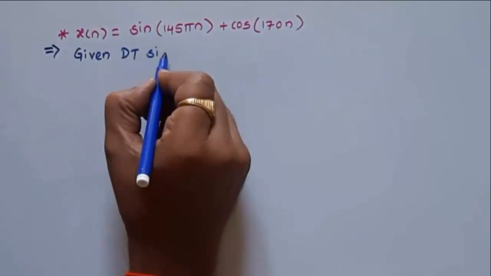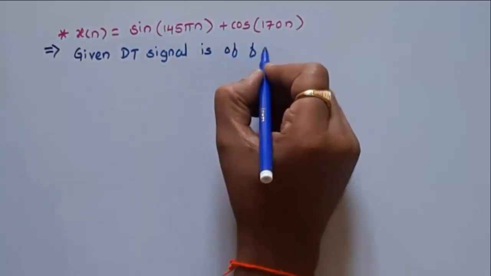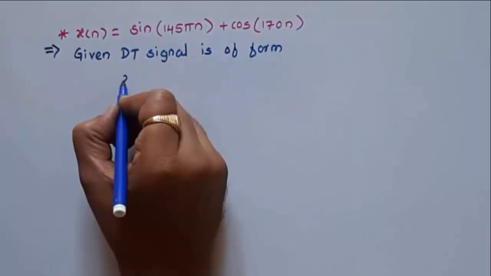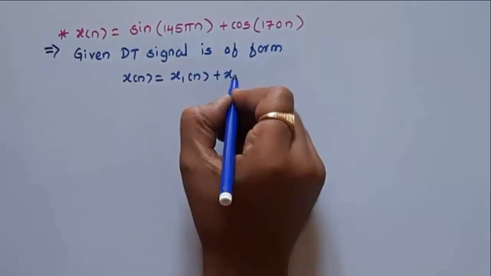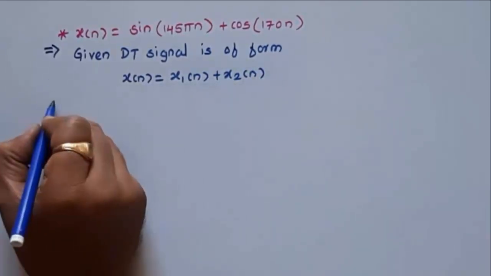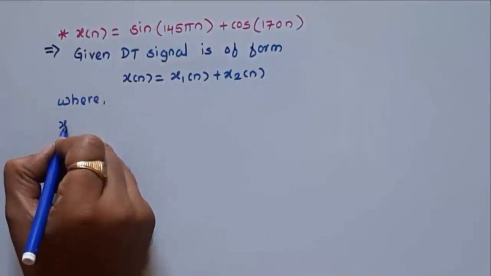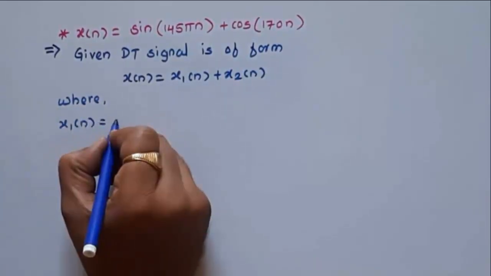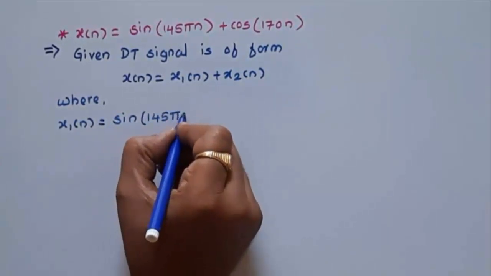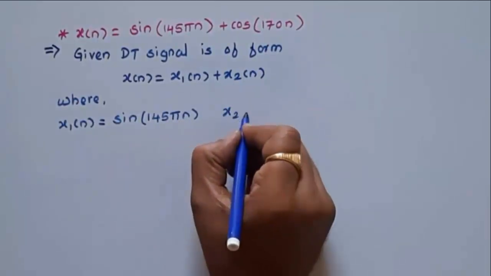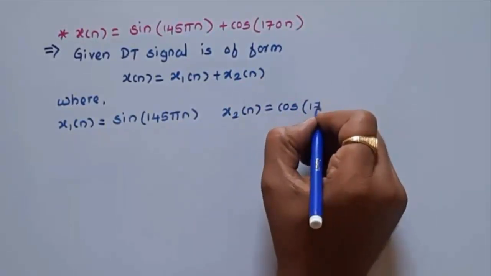The given discrete time signal is of the form x of n is equal to x1 of n plus x2 of n, where x1 of n is equal to sine 145 pi n and x2 of n is equal to cos 170 n.